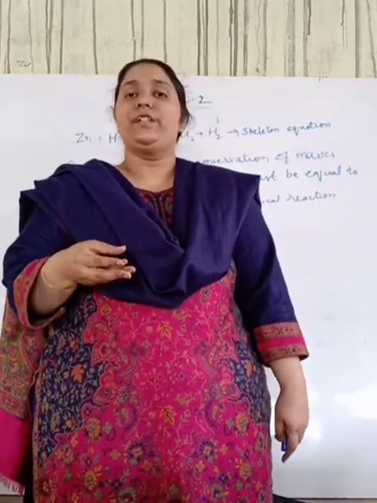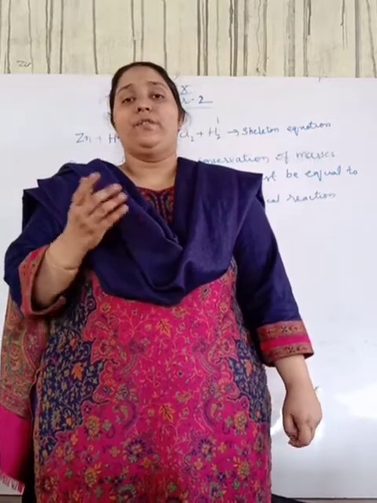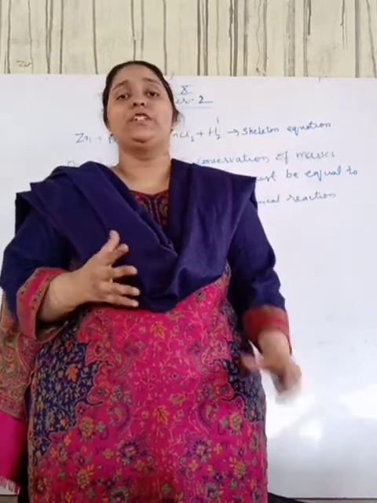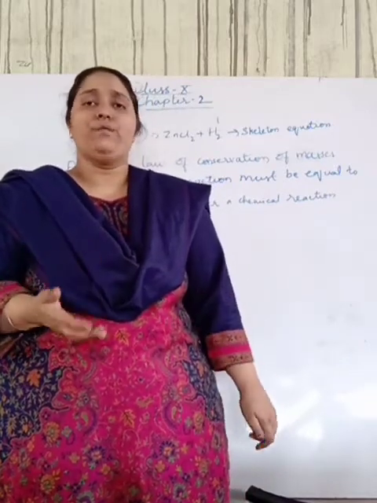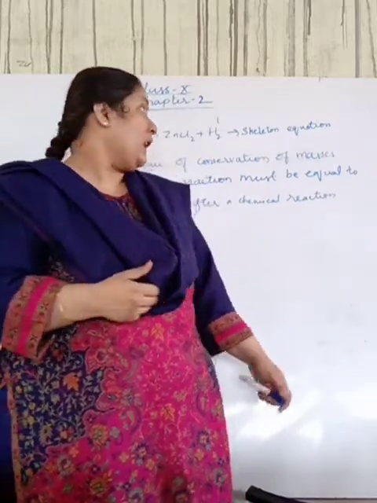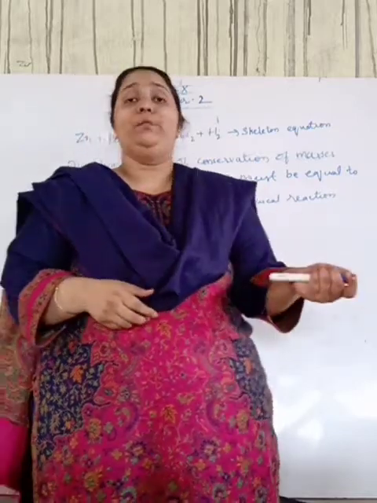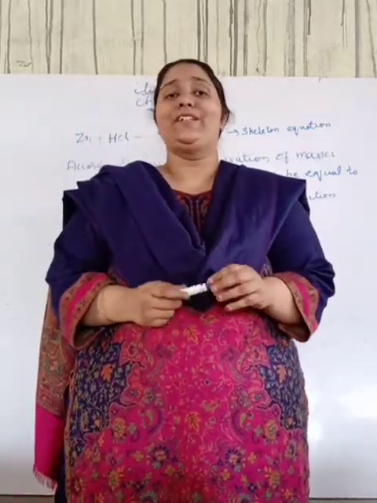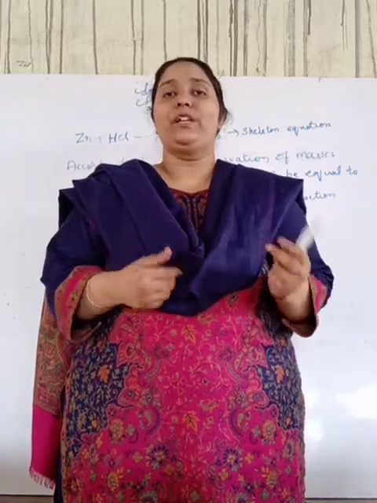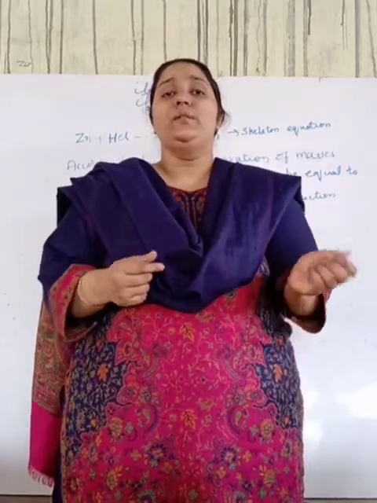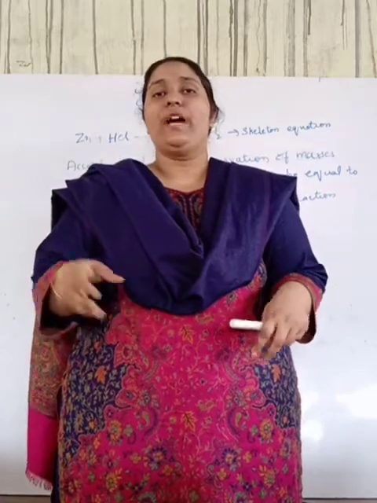Then the reaction takes place. After that we again measured the mass of the total. So masses after the reaction we have seen. Students, what we observed in that live activity is that the mass before the reaction is equal to the mass after the reaction.